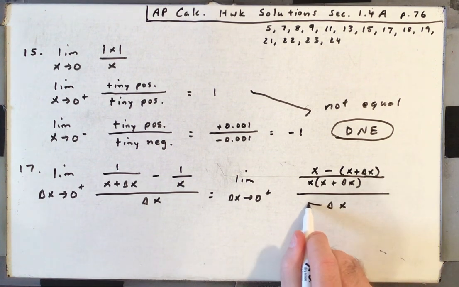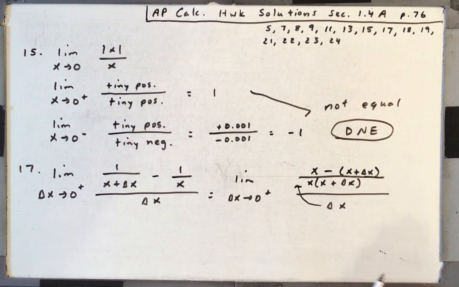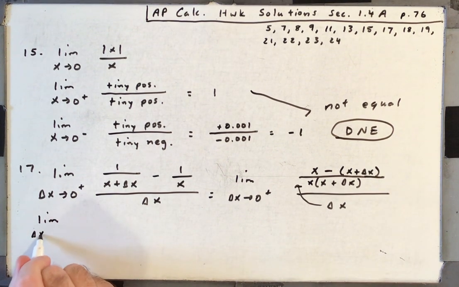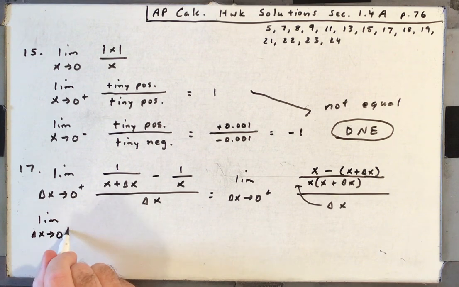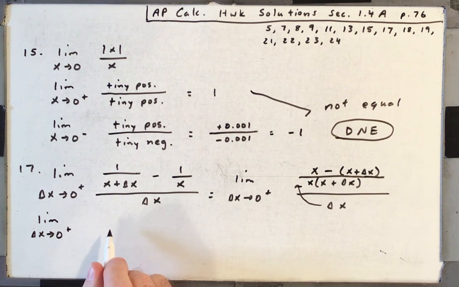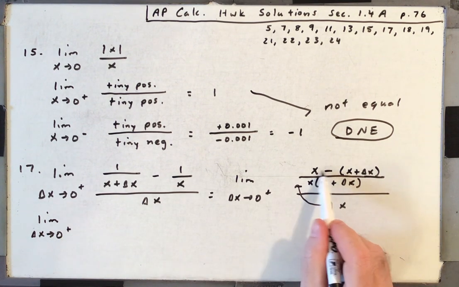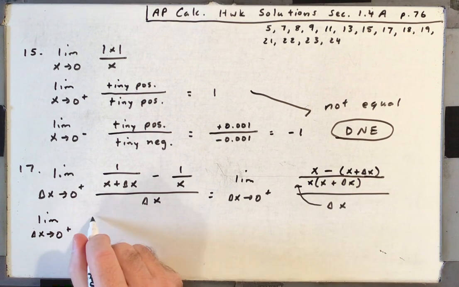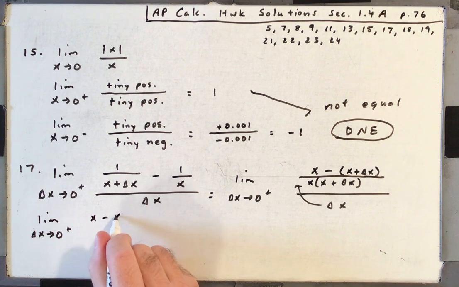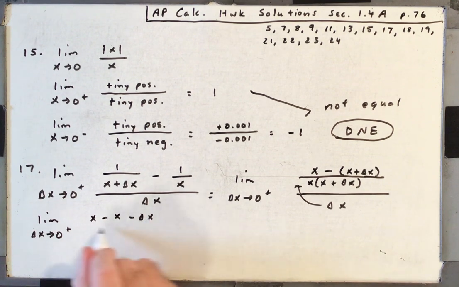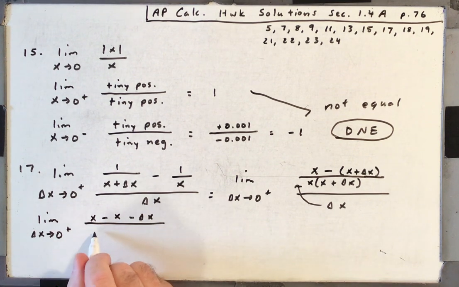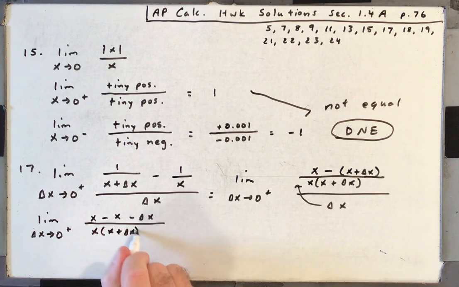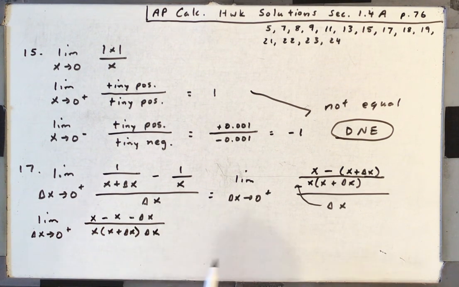Now we can move that delta x up a level. Okay, so I'm going to have the limit as delta x approaches 0 from the right of, now I'm going to go ahead and do this, x minus x is 0, right? Well, I'll go ahead and write it out. x minus x minus delta x, so the x's are going to go away, over x times x plus delta x, and then I move that delta x up top.